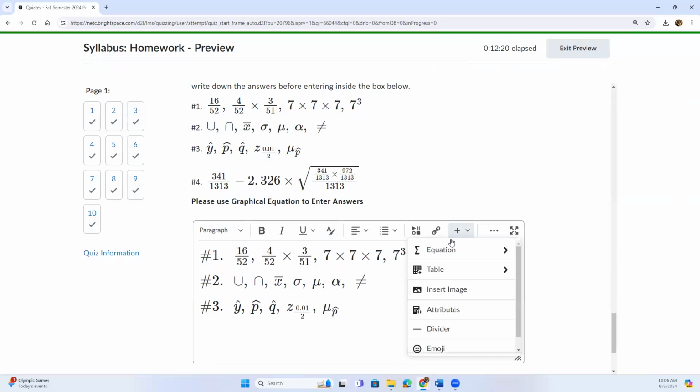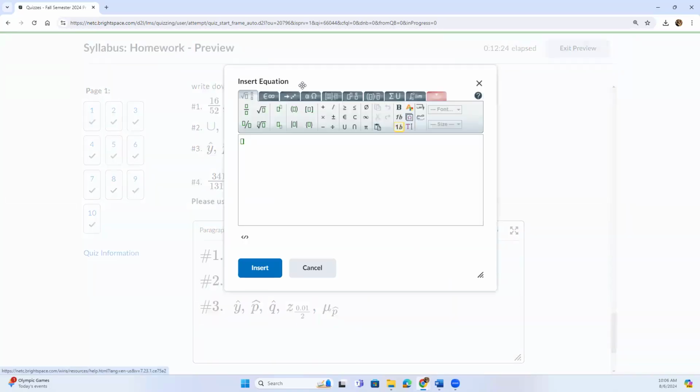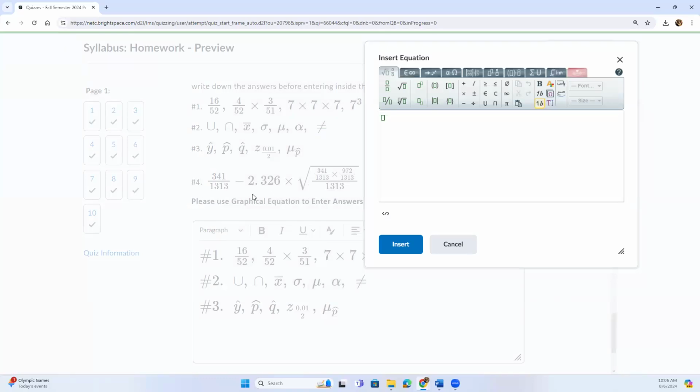All right, number 4. This is actually an answer from one of the questions on the homework later on in the semester. So fraction bar 3, 4, 1. So I'm using a keyboard, so I can just use a down arrow key, 13, 13. All right, right arrow key, put my cursor right next to the fraction bar, minus 2.326 times a big old square root.